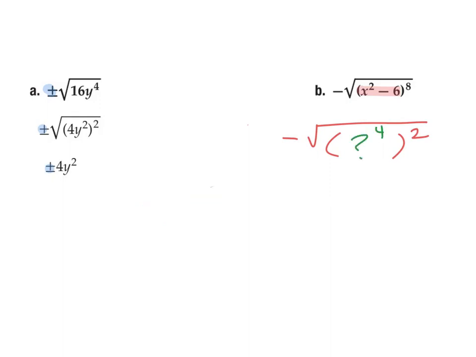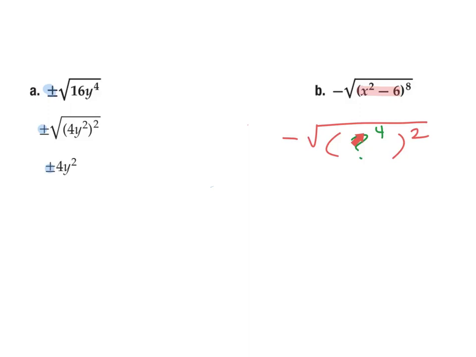So in reality, it's going to be something to the 4th power to the 2nd power. Because we know that power to a power you multiply, and if we're undoing that, we're really just going to divide. Okay? 8 divided by 2 gives me 4. Now, this part here was what I had written over here.